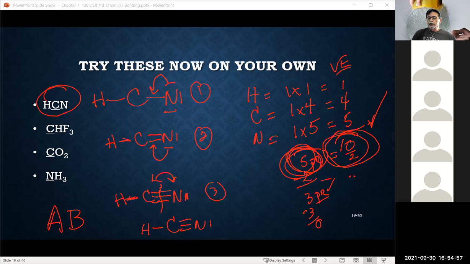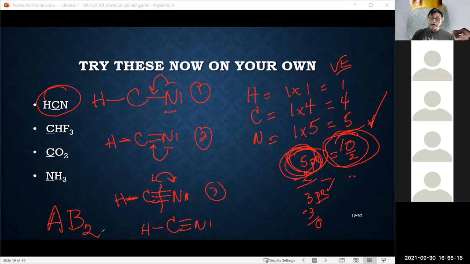How many atoms are bonded around the central atom? 2. Exactly, 2. Again, it doesn't make a difference if they're the same or different. There's two atoms bonded to the central atom. So we got a subscript 2.